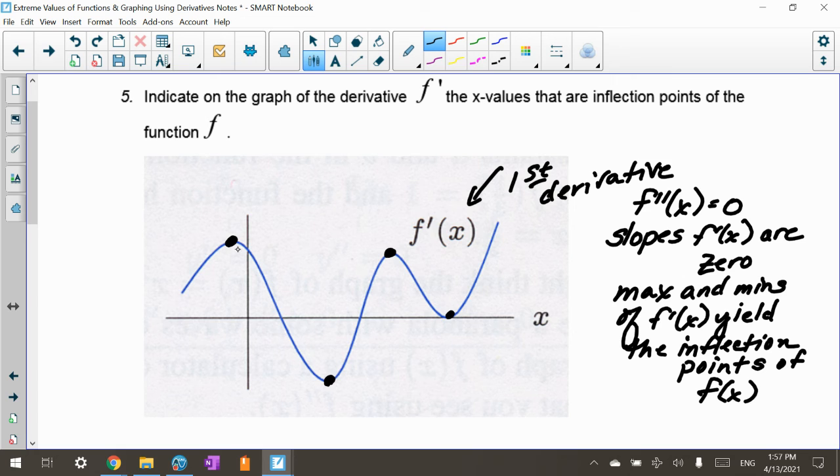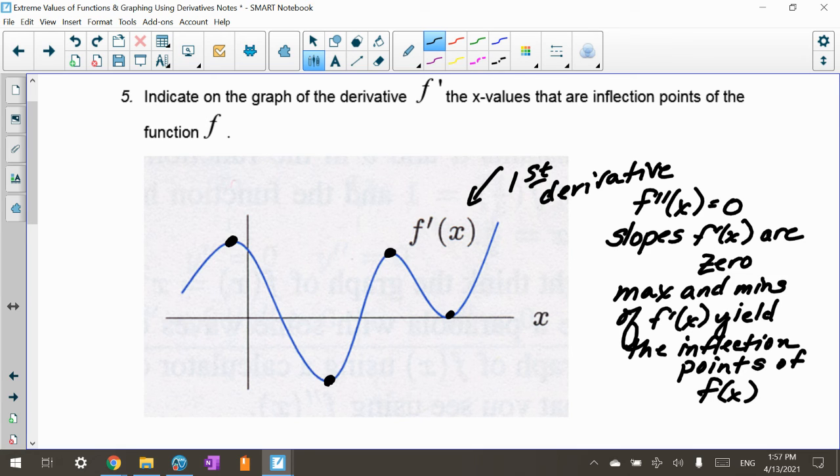If you'll notice here, it's changing signs everywhere after that, and that's where your inflection points are. However, because f double prime of x is the derivative of f prime of x, any point where f double prime of x changes sign will be a local max or min on the graph of f.